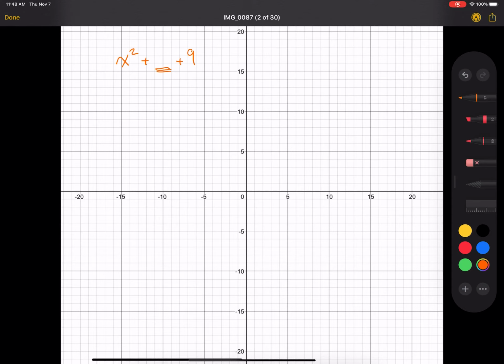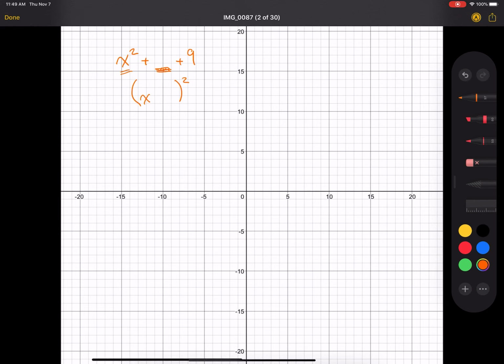Okay, if you've tried and you're not sure what to do, just think about it like this. If it was a perfect square, then I could convert it to a binomial squared, correct? We don't know what this value is yet, correct? So what would the first value be? It would be the square root of x squared, which is x.